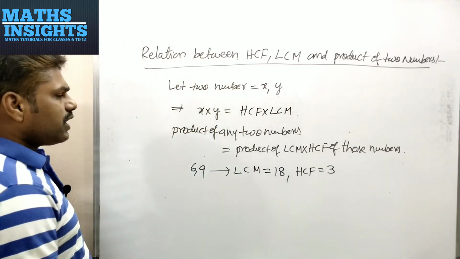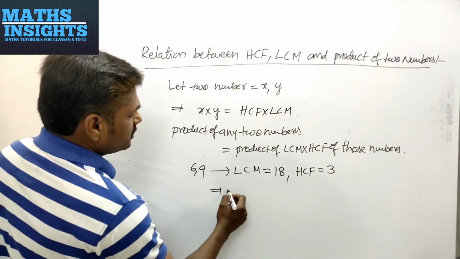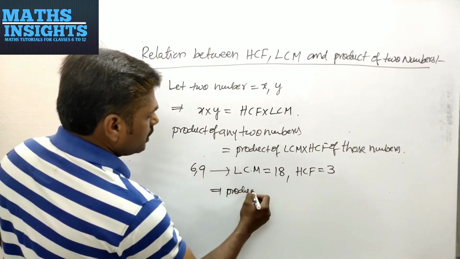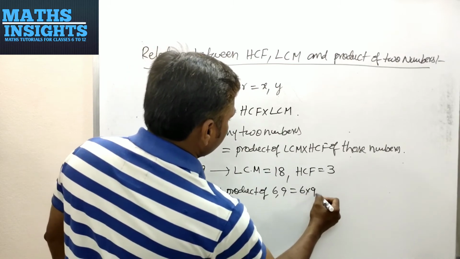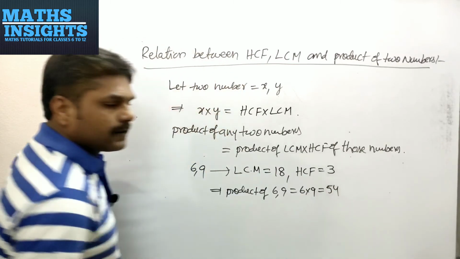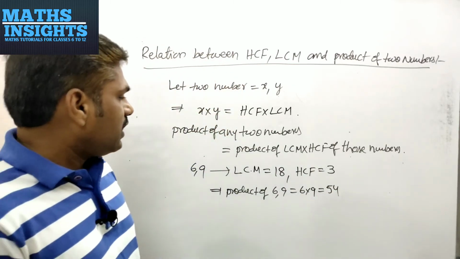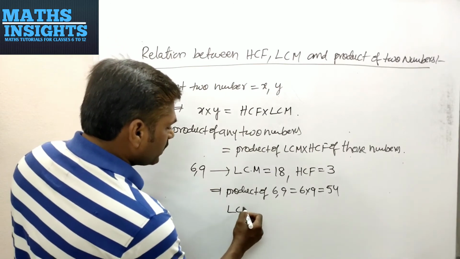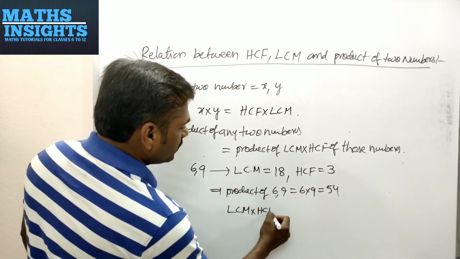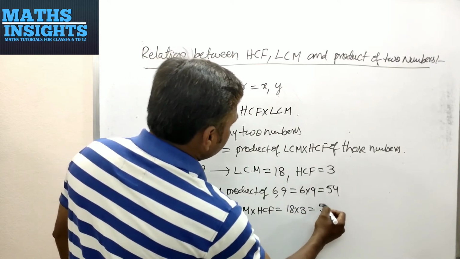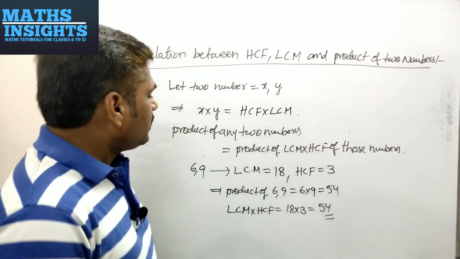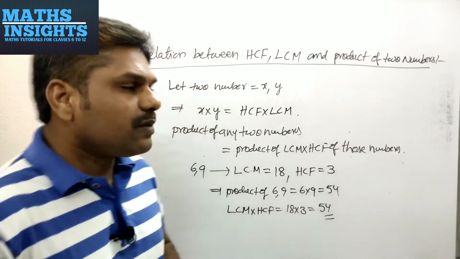Therefore, if you multiply the two numbers, the product of 6 comma 9, that is 6 into 9, 6 9s are 54. And if you find the product LCM into HCF, that is equal to 18 into 3, that is 18 3s are 54. So in both cases you are getting the same answer.